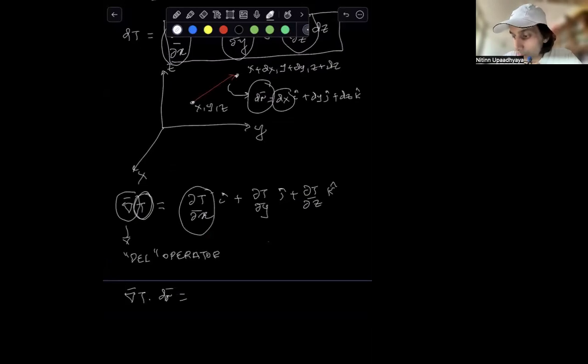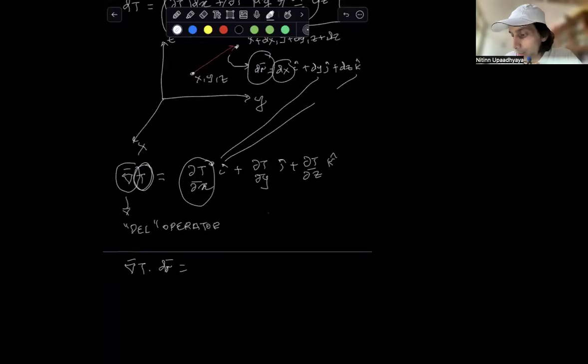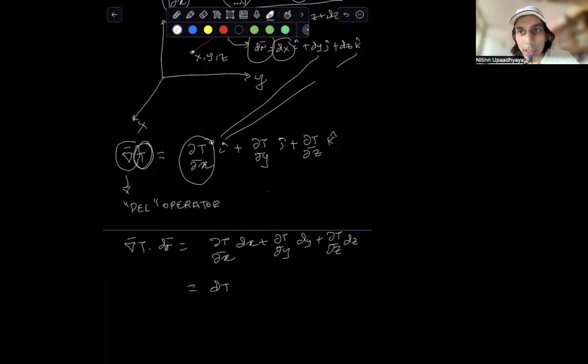Whereas the dot product of this expression with any of the other two, since they're coming from orthogonal directions, that'll just be 0. So if I take the dot product of del T with dr, I'll end up getting ∂T/∂x dx plus ∂T/∂y dy plus ∂T/∂z dz. And that's nothing but the total change in the temperature field as I move from the point x, y, z to the neighboring point x plus dx, comma y plus dy, comma z plus dz.